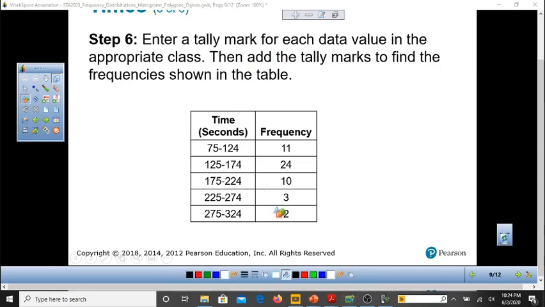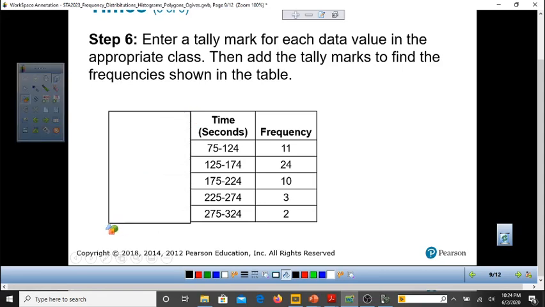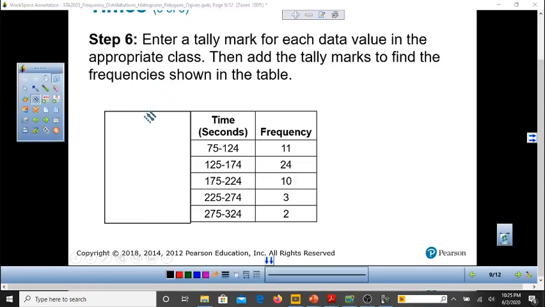I'm going to kind of draw an additional box here. And I'm going to create a couple of additional columns. And my columns, one column will be my class boundaries, and the other column will be my class midpoint. So let me just try to work that situation out right now.